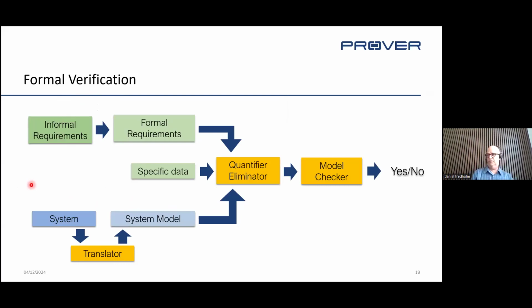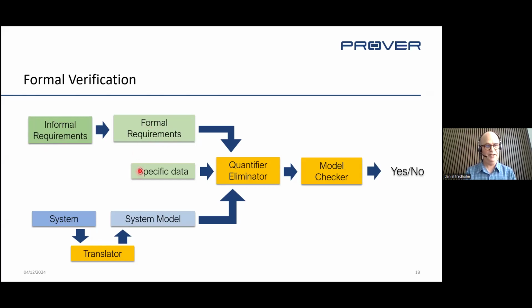Yeah, so we can have a look at this picture then, which tries to illustrate the flow of things here. We start with informal requirements, and by informal I mean requirements written in natural language, which are then modeled into predicate logic or formal requirements.